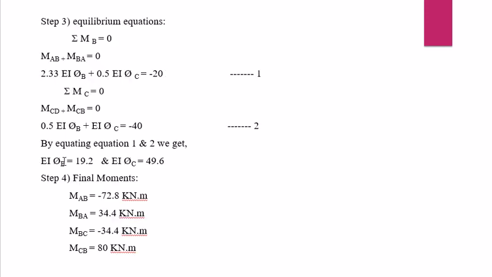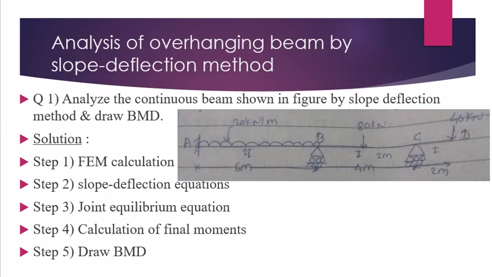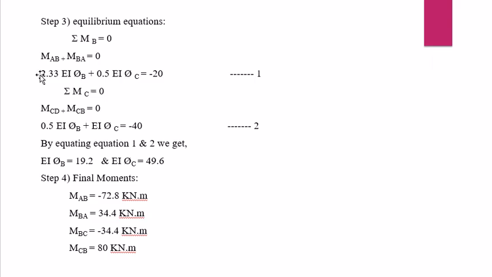Then the next step is the equilibrium condition equation. In this equilibrium equation, summation of M at B is equal to 0. At B, two members are meeting, BA and BC, so we have to sum these two moments: M of BA plus M of BC is equal to 0.